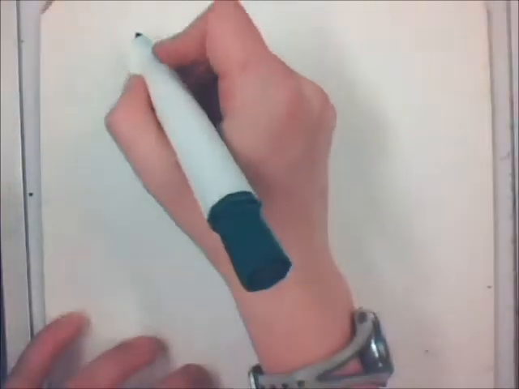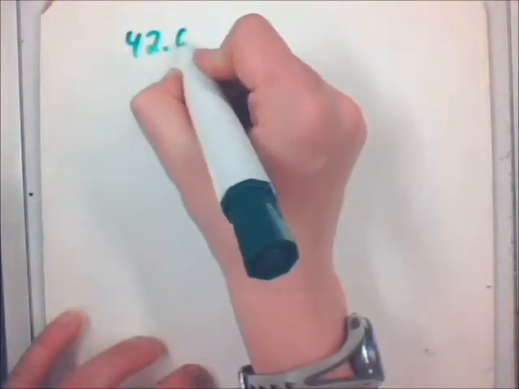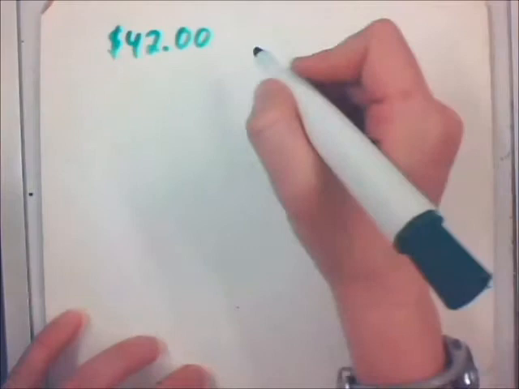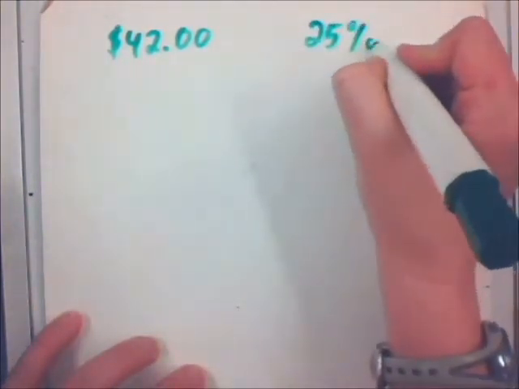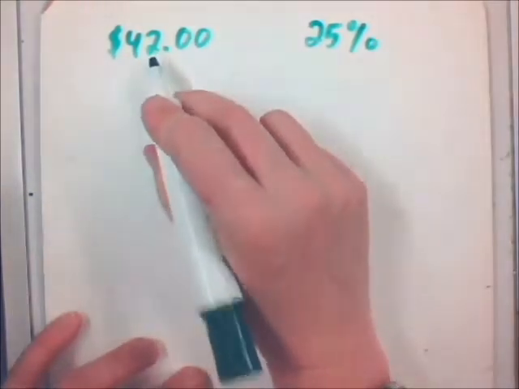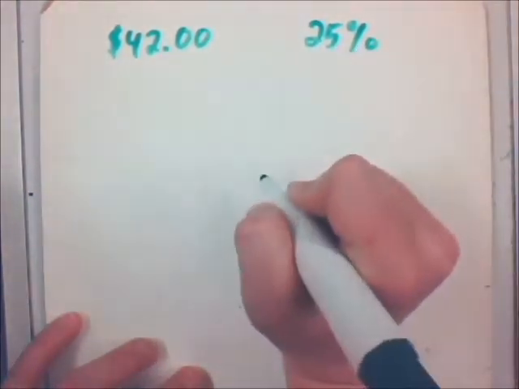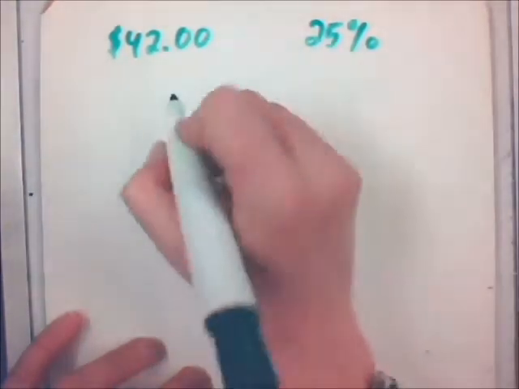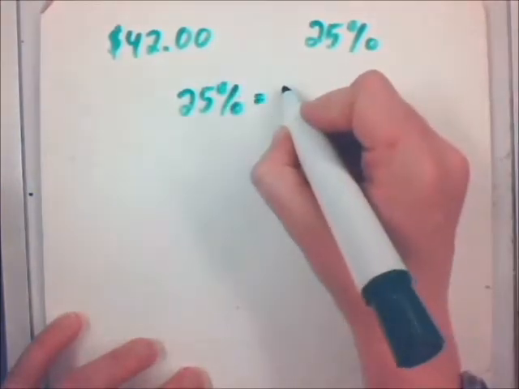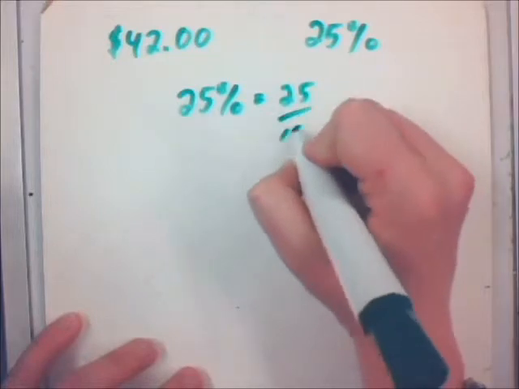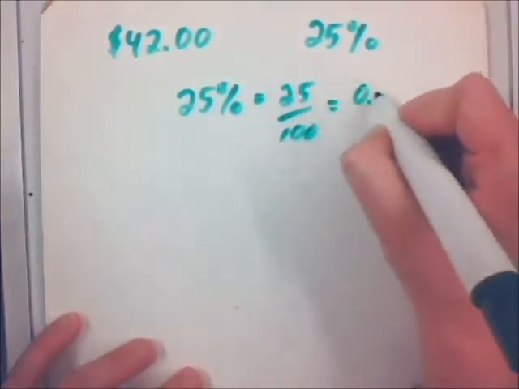Here we go. I start with $42, and I've got to figure out what 25% of that is. What part of $42 is actually equal to 25%? In order to do that, I've got to take my 25%, change it into a fraction, and then into a decimal.